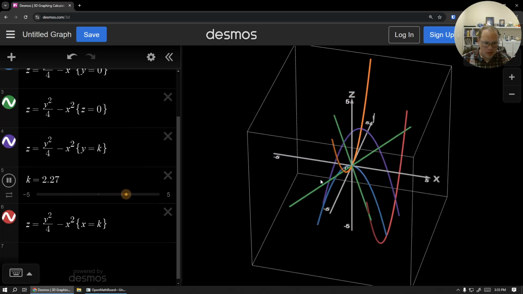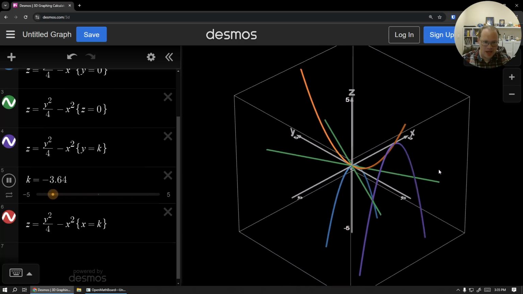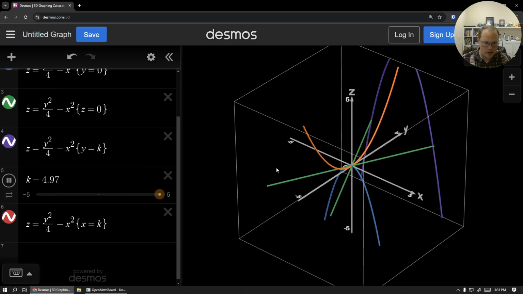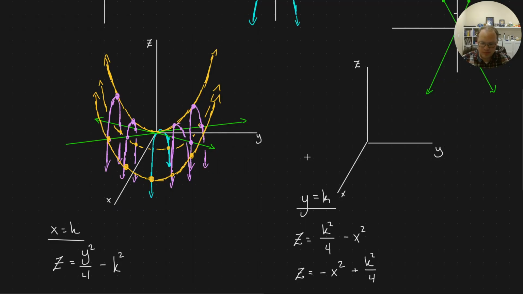So that kind of traces out the edges of this quadric surface. So what we end up getting is something like this.